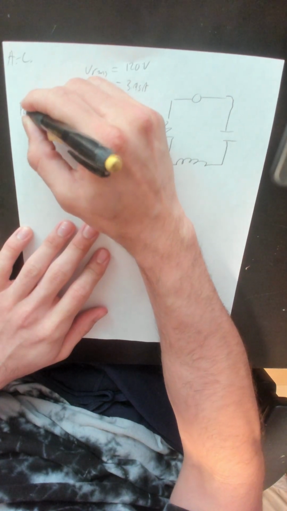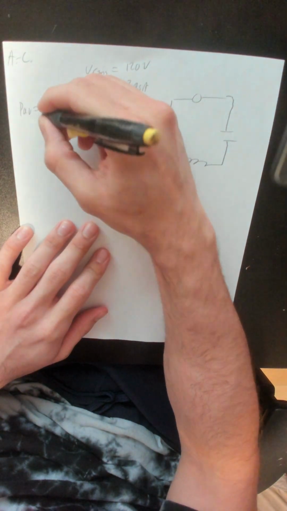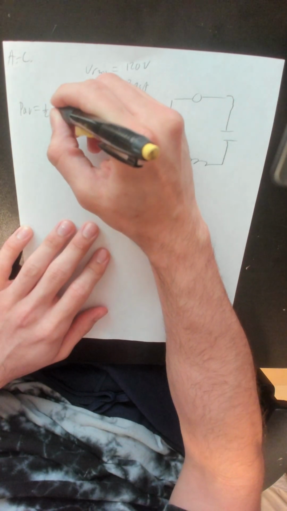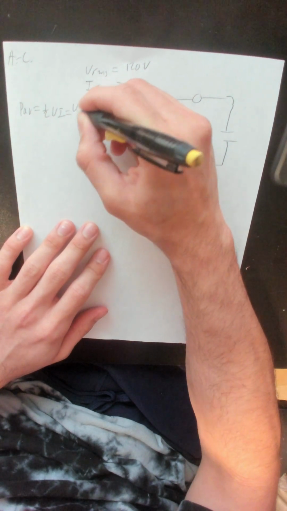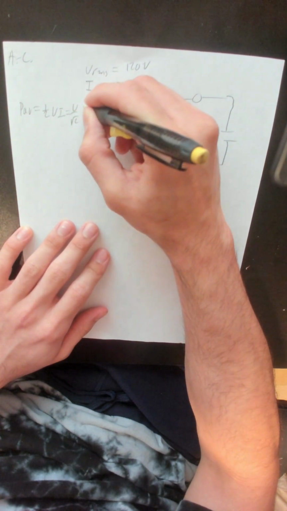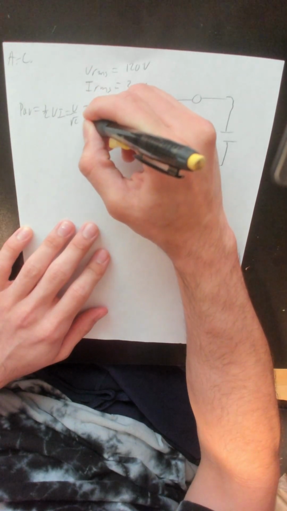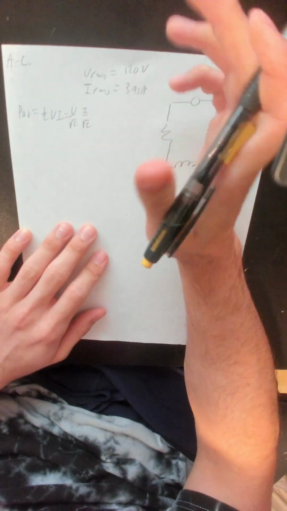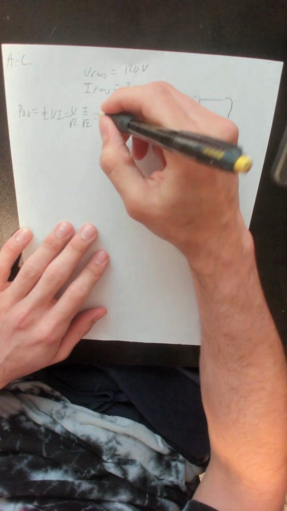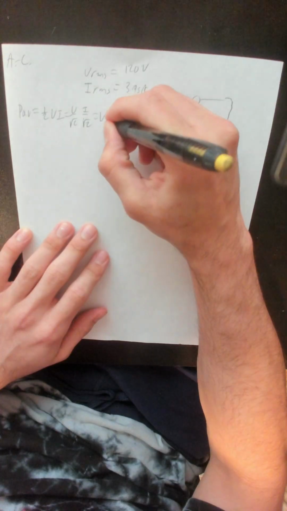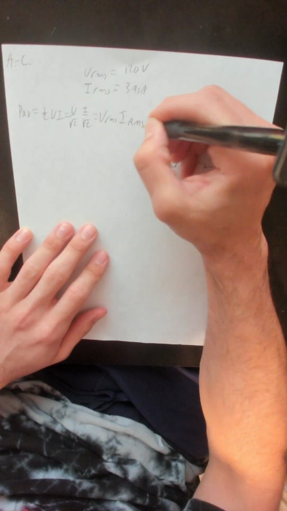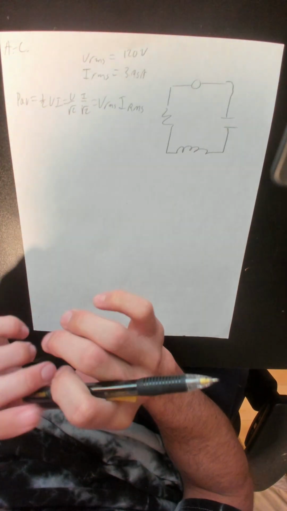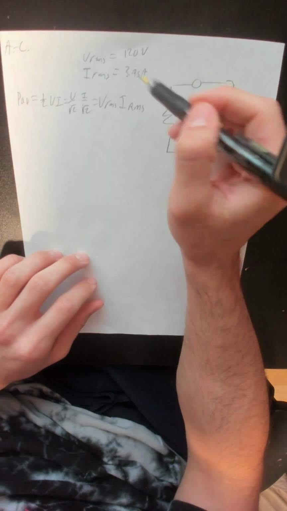To find the average power, all we have to do is use these formulas: the average power is half of the voltage times current, which is also equal to voltage over square root of 2 times current over square root of 2, which is also equal to V RMS and I RMS, simply multiplying the two values we already have.